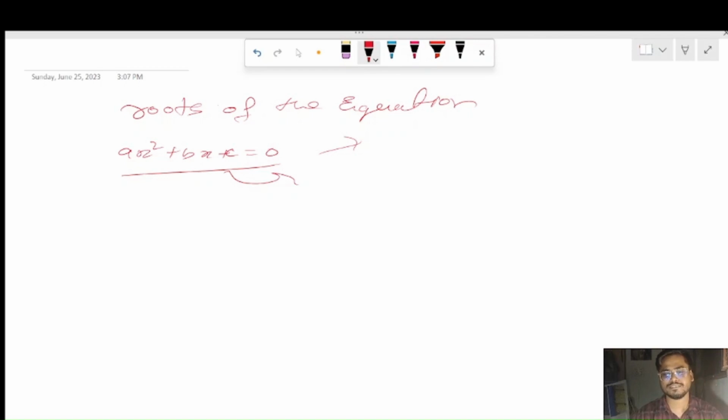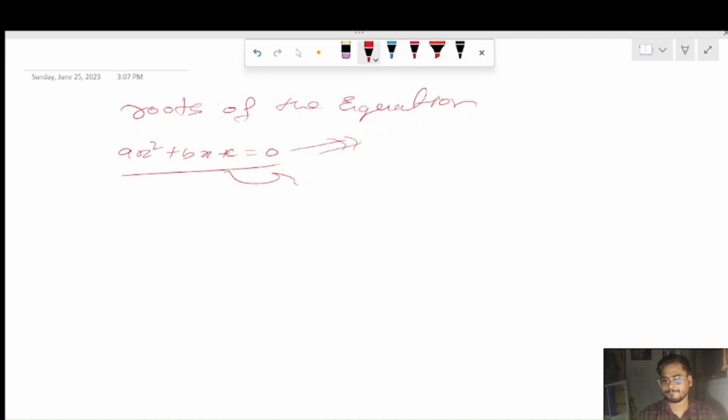First, I will let you know how many roots an equation will have. Do you know how many roots an equation will have? What do you think? Always remember, the maximum power of a variable in an equation will be the number of roots.